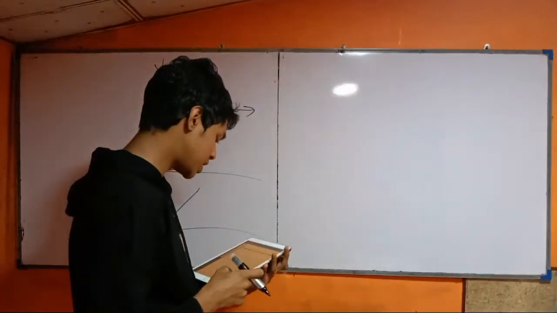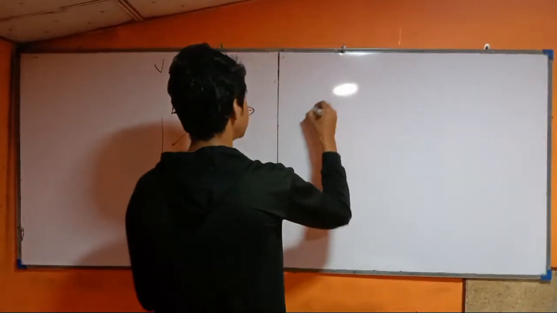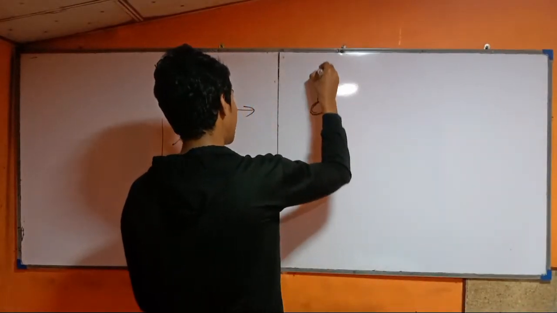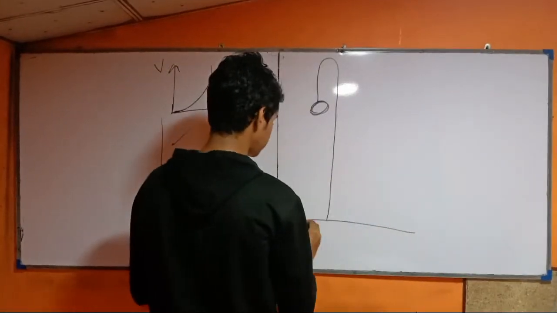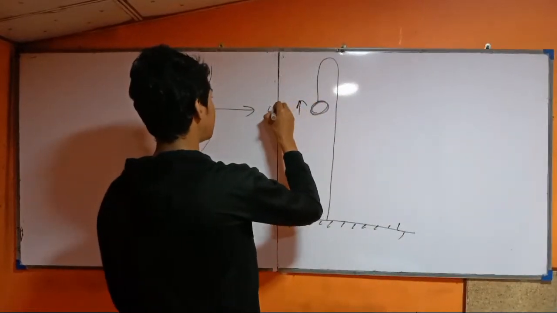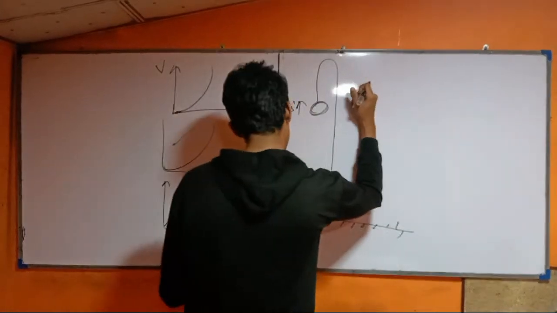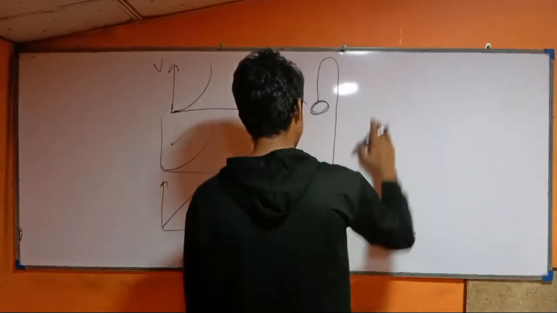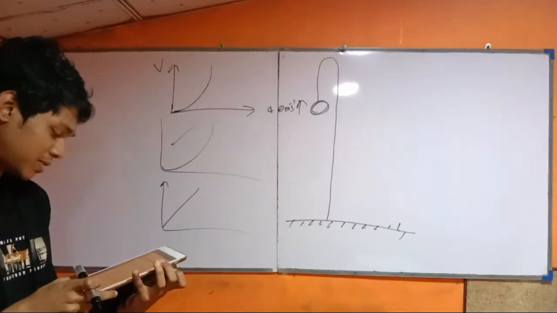So a particle is projected vertically upward at 40 meters per second. What will happen? This object will go up, then come down and hit the ground. So here upward is 40 meters per second, and the acceleration is acting downwards, right? So mg is acting downwards. Gravitational acceleration is acting downwards.